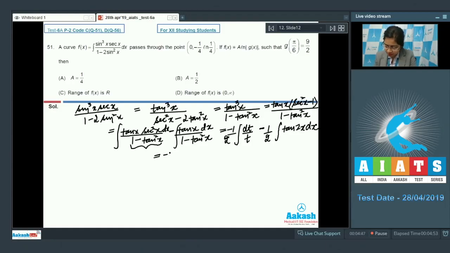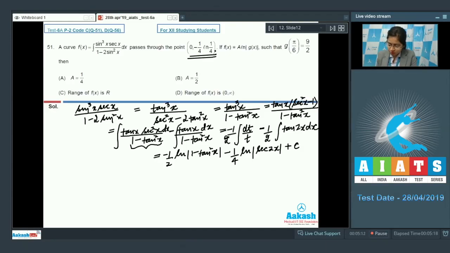So this is equal to minus 1 by 2 into ln t, that is ln of mod of 1 minus tan square x minus, now its integral will be minus 1 by 4 into ln mod of secant 2x plus constant. Now here it has been given that it is passing through this point.